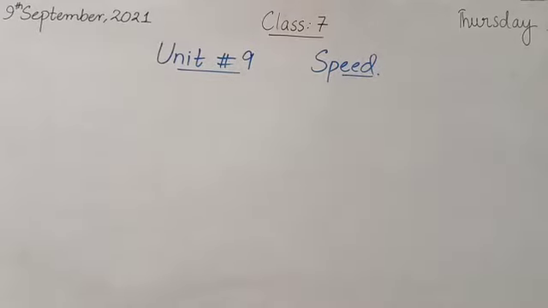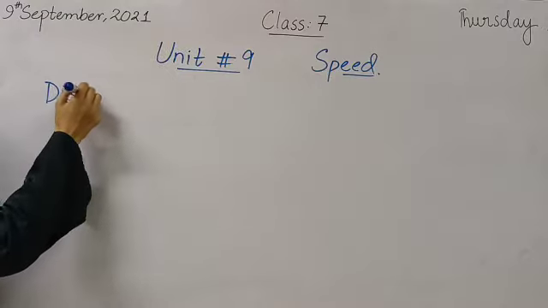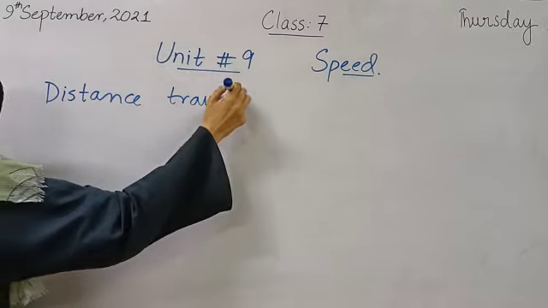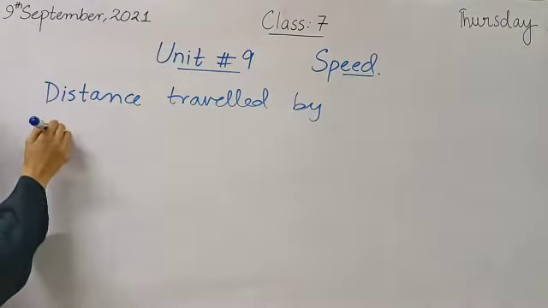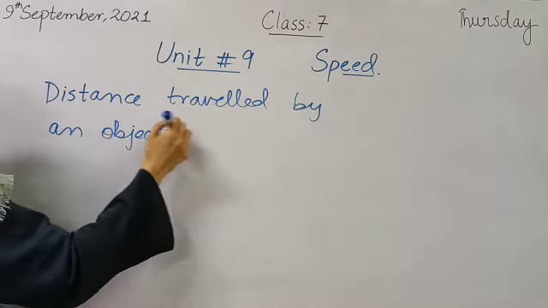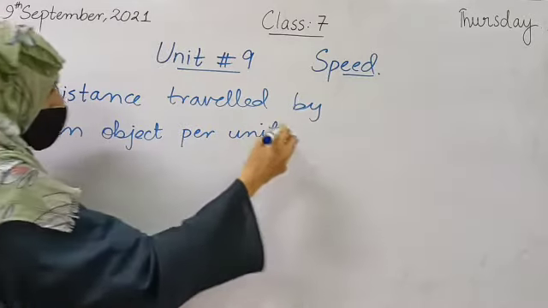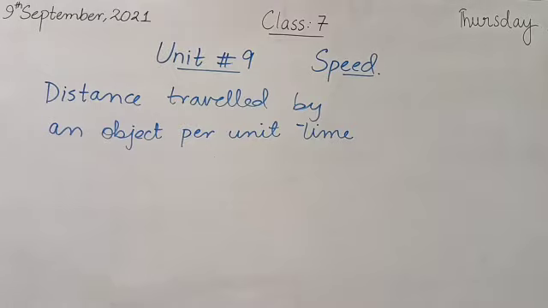Speed can be defined as distance traveled by an object per unit time.